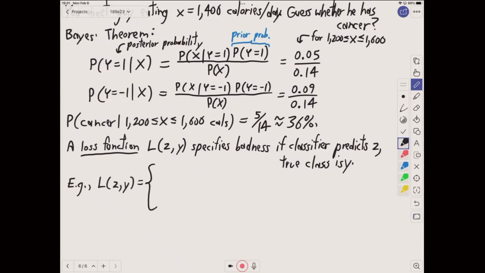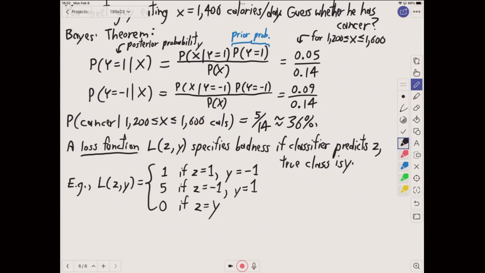We could choose a loss function that is 1 if we predict cancer, but the patient does not have cancer. 5 if we predict no cancer, but it turns out the patient does have cancer. And 0 if z is equal to y.